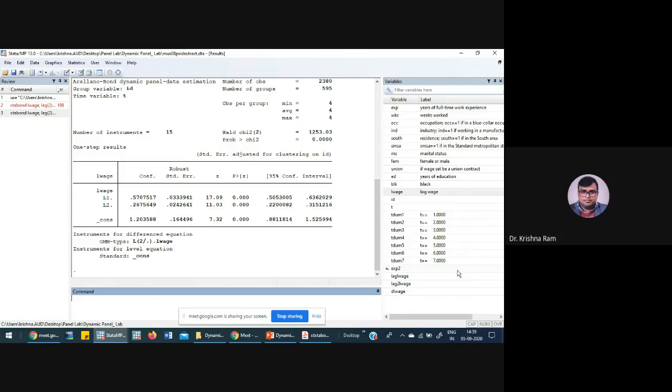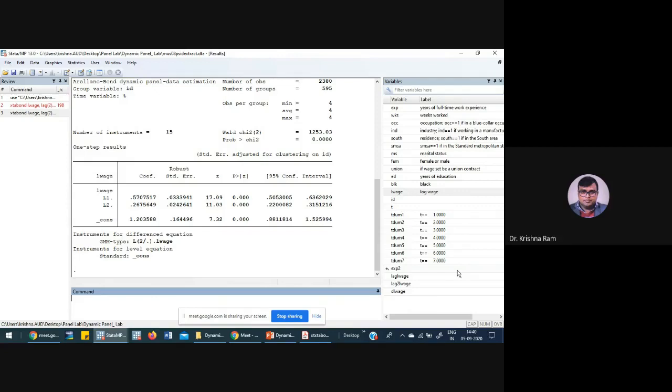So we can say that if there is a rise of 1% in the wage level in period 1, that affects the wage of period 2 by 0.57%.